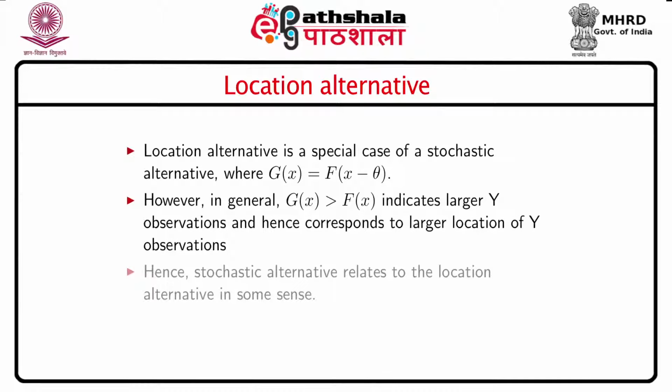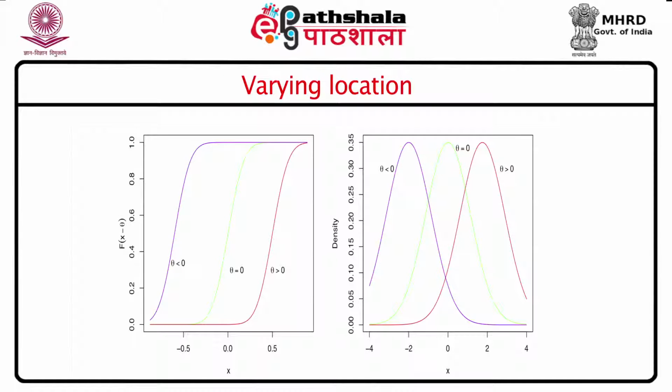However, in general, G(x) greater than F(x) indicates larger Y observations and hence corresponds to larger location of Y observations. Hence, the stochastic alternative relates to the location alternative in some sense. We, in addition, provide some plots of F(x minus theta) and the corresponding density small f(x minus theta).